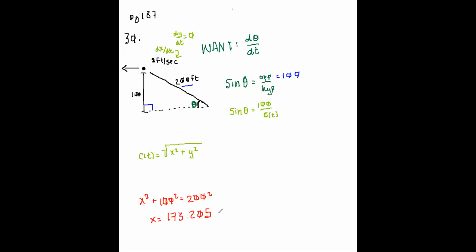Yep. Okay. Okay, so we would put that here. And now what would we do? Because remember, this is for C. This is sine is equal to opposite over hypotenuse. And our hypotenuse is this 200 feet right here, right?